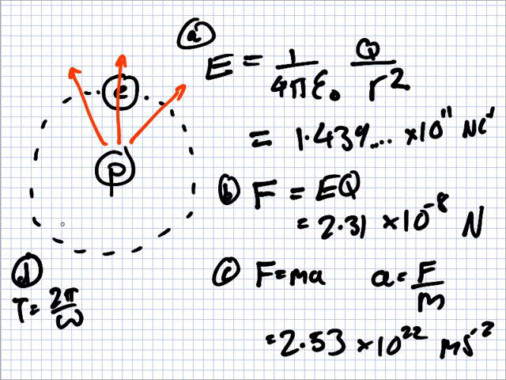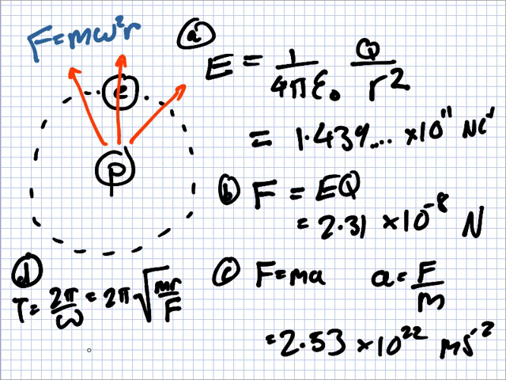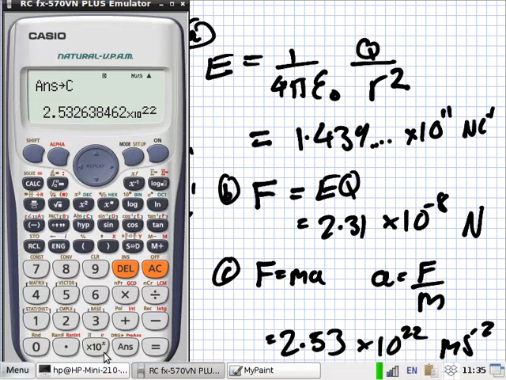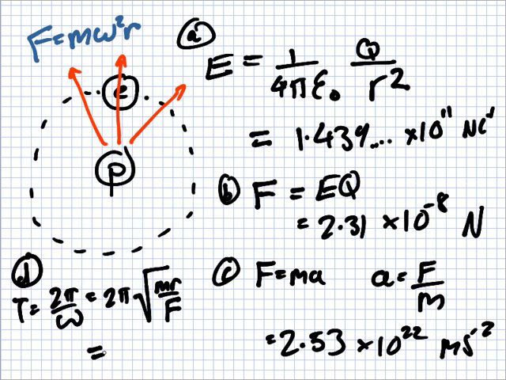Because remember, it's moving in a circle, so F equals m omega squared r. So we can say that this is 2 pi, what did we get last time we did this? Root m r over F. F equals EQ, yeah. Well, no, I don't even have to do F equals EQ. Why not? Because we know the F. It's answer C.